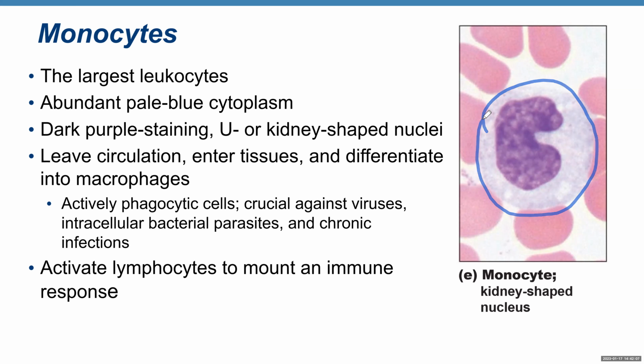So look at this, huge. It's the largest leukocyte, with abundant pale blue cytoplasm, so that's the cytoplasm, and a dark purple staining U- or kidney-shaped nucleus. They leave circulation, enter tissues, and differentiate into macrophages, actively phagocytic cells, critical against viruses, intracellular bacterial parasites, and chronic infections.